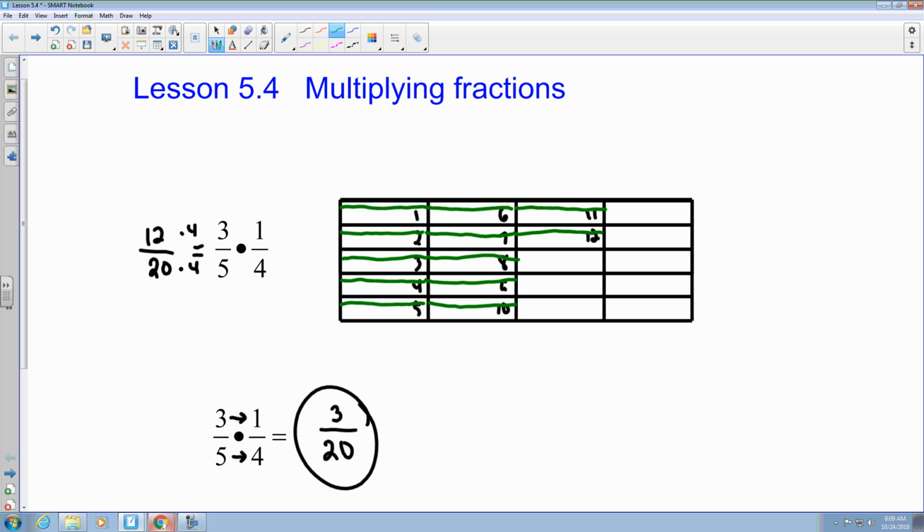Quarters deal with 4, so I take that 12 divided by 4, which equals 3. If you were to add up all of these quarters, you would get 3 full rectangles. That's why I can say this is 3/20, because you're still dealing with the whole, but you're only multiplying it by those 3/5. That's not normally how we would multiply them. We would definitely multiply it the other way. This way is easier conceptually, and we can go from there.